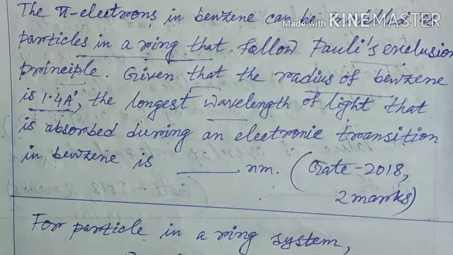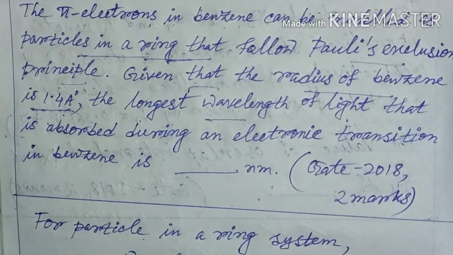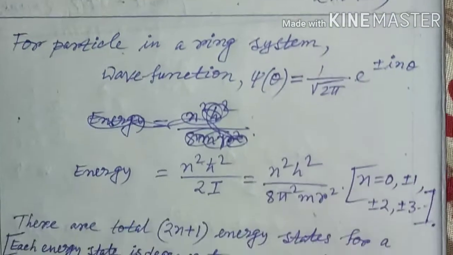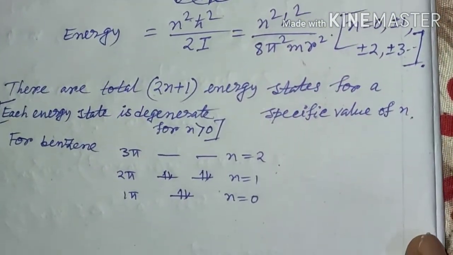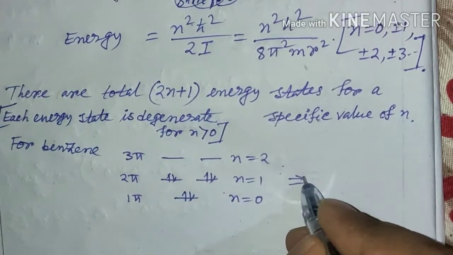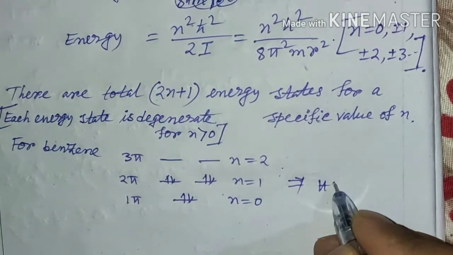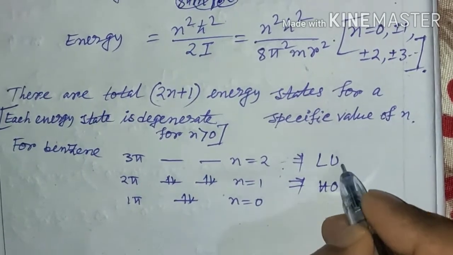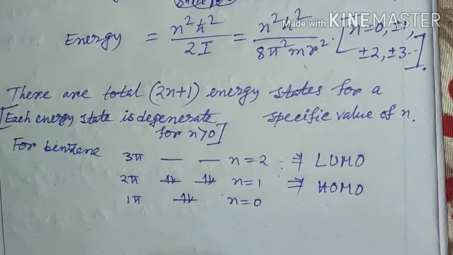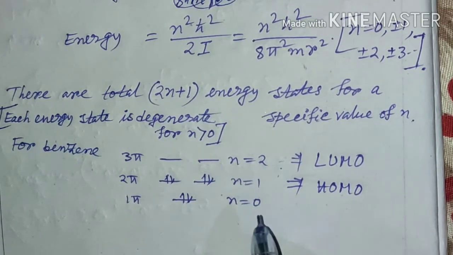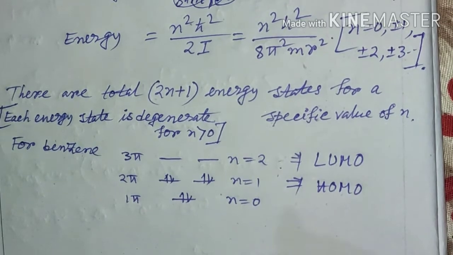Longest wavelength means the energy corresponding to the electronic transition will be shortest. In case of benzene, as I discussed at the beginning of this lecture, the HOMO corresponds to n equal to 1 and the LUMO corresponds to n equal to 2, and the transition from n equal to 1 to n equal to 2 corresponds to the highest wavelength, that is, the lowest energy.